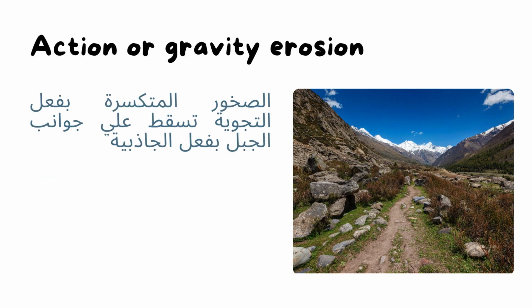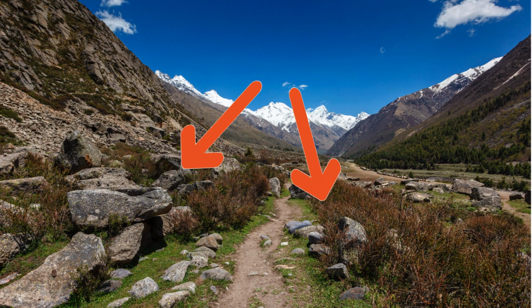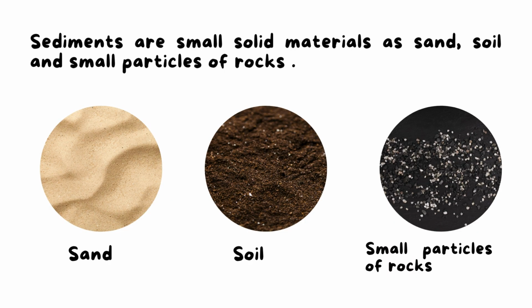If the mountain rocks are broken, gravity can pull these smaller rocks down the mountainside, to the bottom of the mountain, okay? As you see here, gravity pulls the broken, weathered rocks in a mountain to be moved down the mountain sides, as you see here, okay?